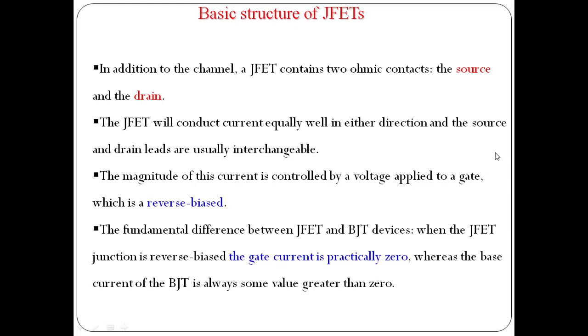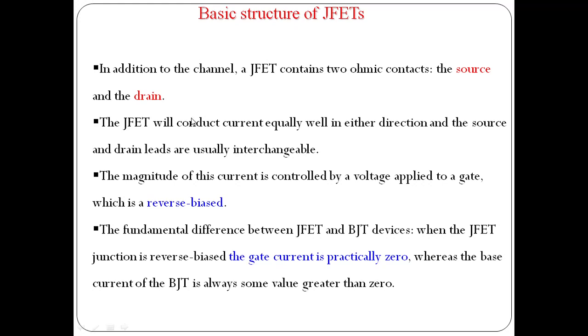Before we look into the working principles of JFET, let us talk about some properties of JFETs. In addition to the channel, JFETs also have two ohmic contacts. One is source, another one is drain.